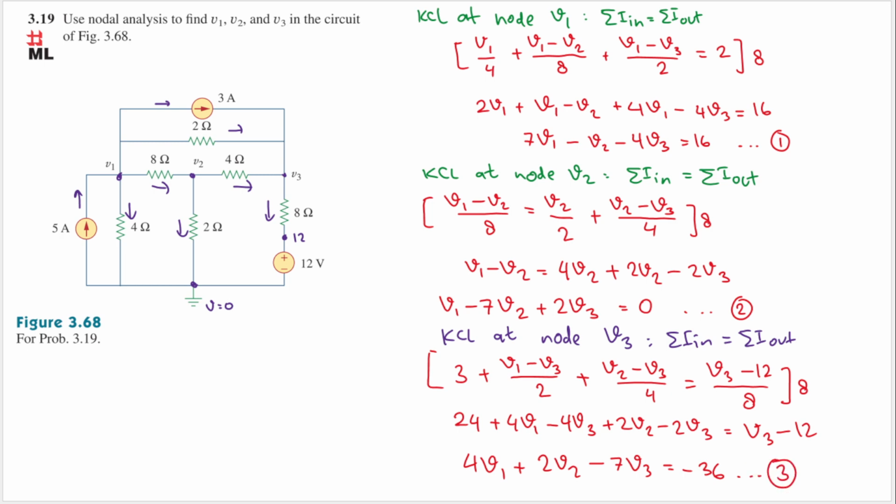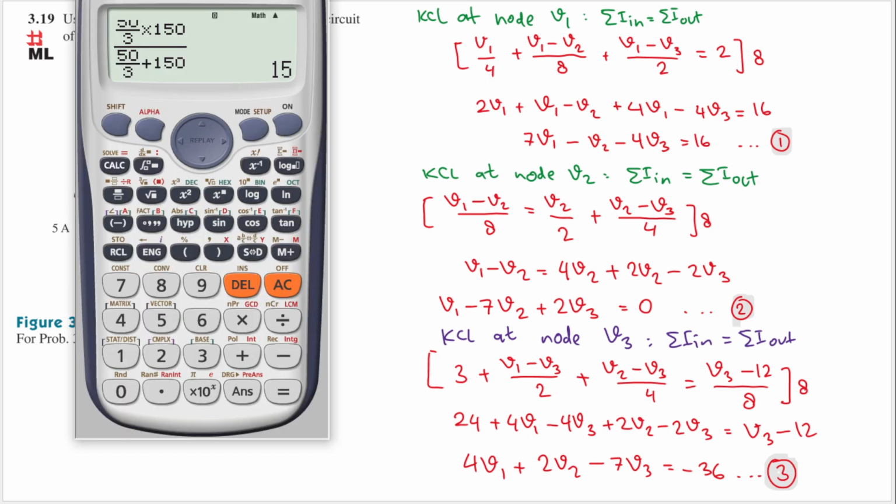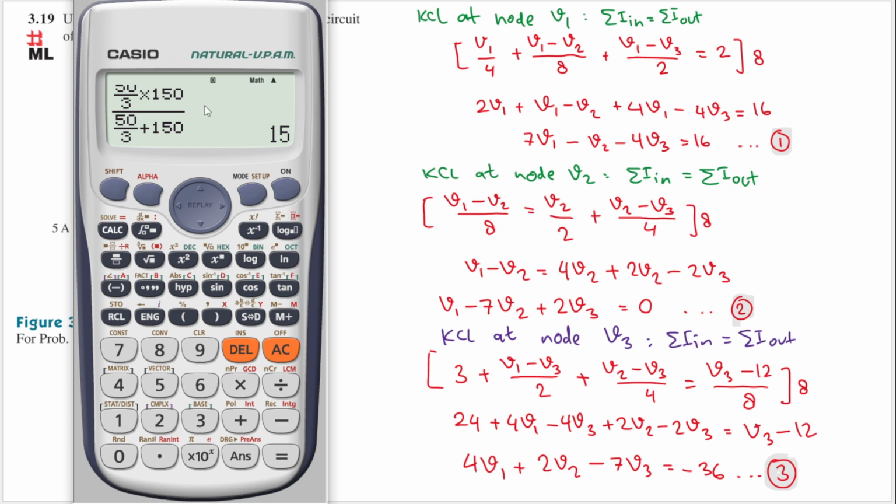Okay, so now we have 3 equations and 3 variables. We should be able to solve this. Let's resort to our calculator to solve this equation. Okay, let's set this up. Computation, equation solver is number 5. 3 variables is number 2. So we will have 7, and then minus 1, and then minus 4, and we will have 16.